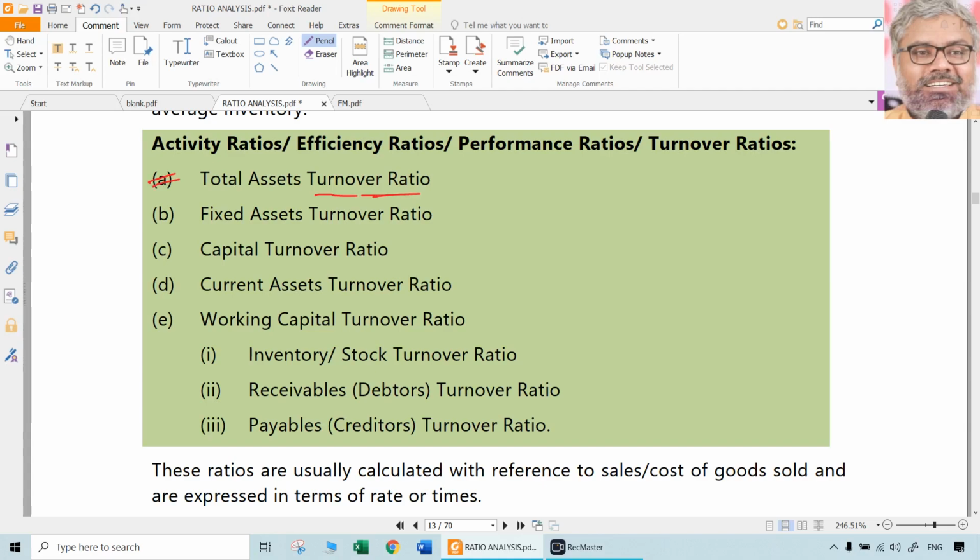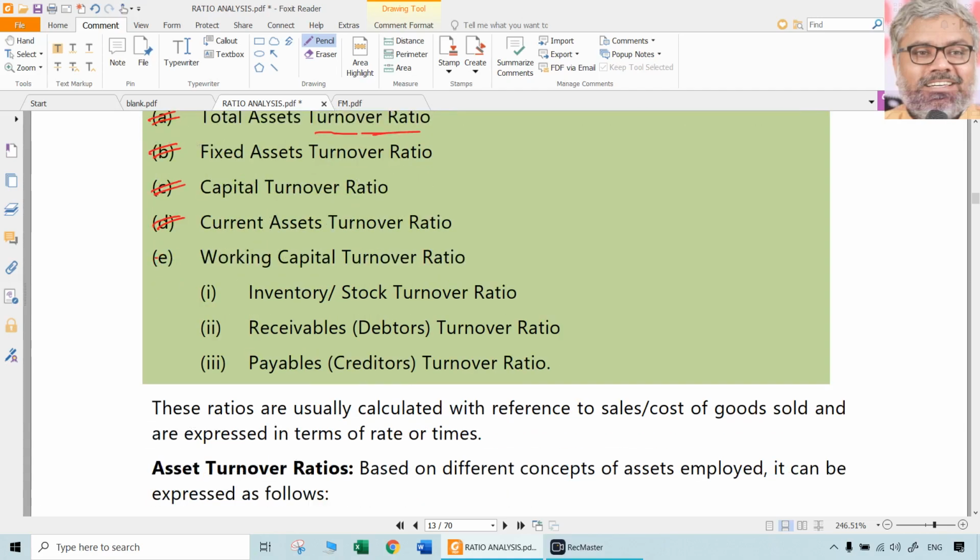Total assets turnover ratio, fixed assets turnover ratio, capital turnover ratio, current assets turnover ratio, and then there can be working capital turnover ratios, within which there can be three more types of ratios like stock turnover ratio, inventory turnover ratio, which we might already know from costing, and other ratios are receivables turnover ratio and payables turnover ratio. These are the various turnover ratios.